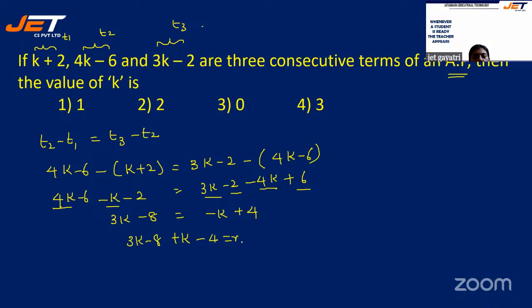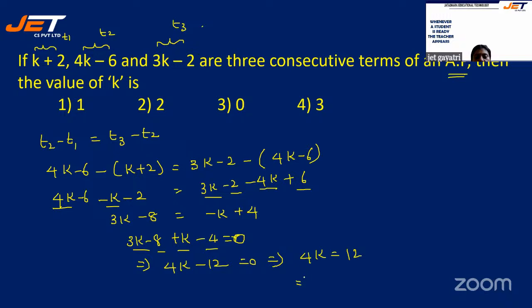So 3k minus 8 plus k minus 4 is equal to 0. So 3k plus k is 4k, minus 8 minus 4, which is minus 12, is equal to 0. 4k is equal to, when this minus 12 goes to the other side, it becomes plus 12.